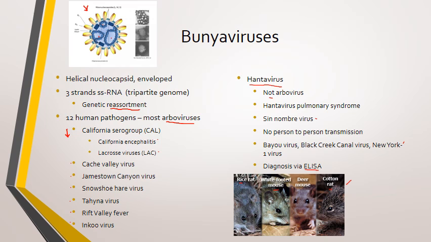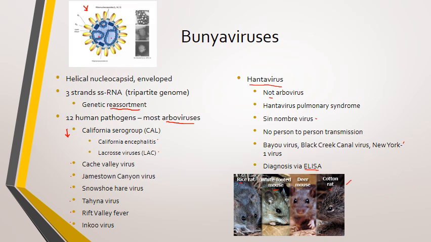These viruses, for the most part, are self-limited. As scary as the names sound, encephalitis and things like that, only about 2% of the people who become infected with any one of these viruses will develop any kind of fatal encephalitis, okay?